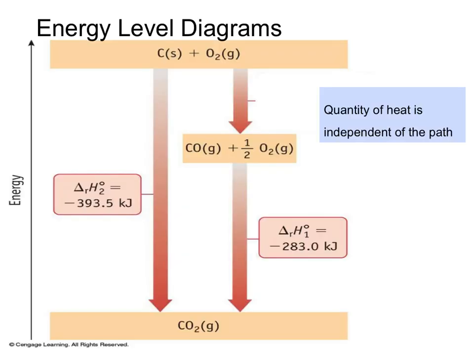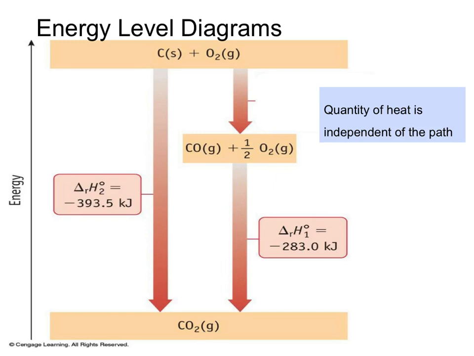Let's take a look at an energy diagram to get an idea for how Hess's law is applied. And so we're interested in the reaction between carbon and oxygen to form carbon monoxide, but we cannot measure that energy change directly. However, we do have enthalpy information for the reaction of carbon plus oxygen to form carbon dioxide.